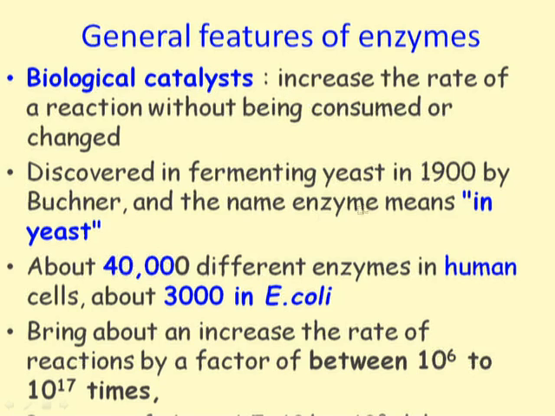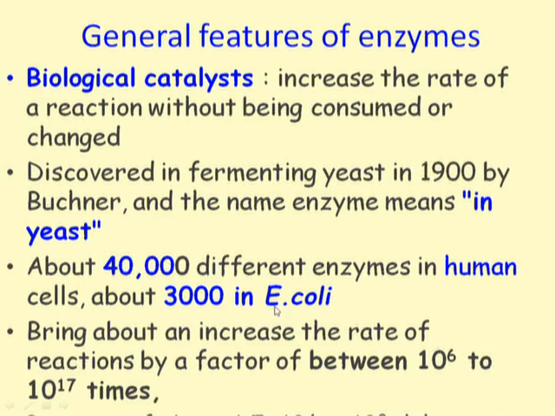They were discovered in the 1900s by Buchner, and the name enzyme literally means "in yeast." In human beings or in animal systems, approximately 40,000 different enzymes catalyzing different reactions are present, whereas in small prokaryotic organisms like E. coli there are about 3,000 different enzymes.